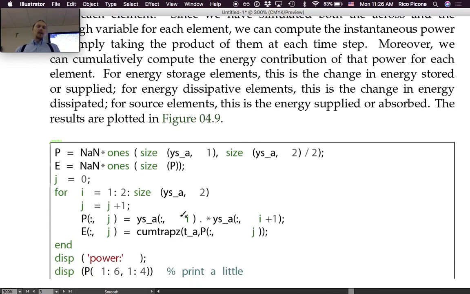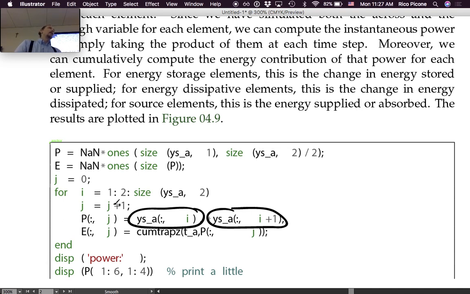The way these were arranged was across variable, through variable, across variable, through variable for each element. So we take the product of each across variable with each through variable. That's what we're doing in this operation, and we're saying that's the instantaneous power.